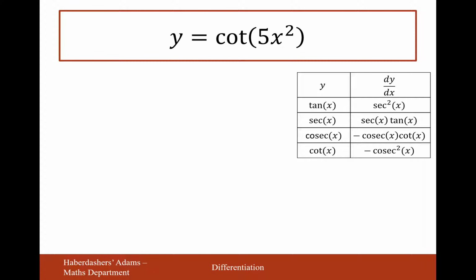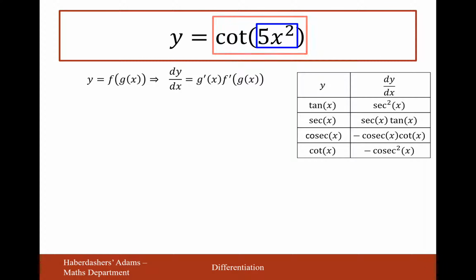Moving on to the next one, cot 5x squared. Well, this here is going to be a case of the chain rule. We have one function, 5x squared, inside another function, cot. So let's get started on differentiating this. Differentiate the inside function first. 5x squared differentiates to 10x. And then cot differentiates to minus cosec squared.